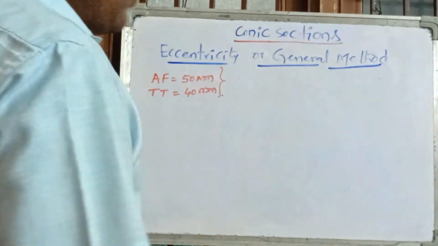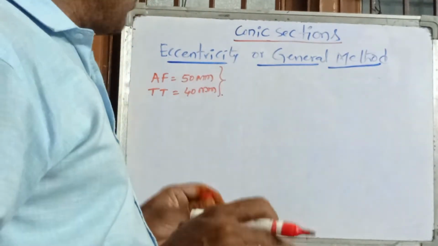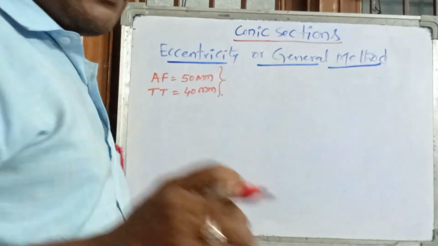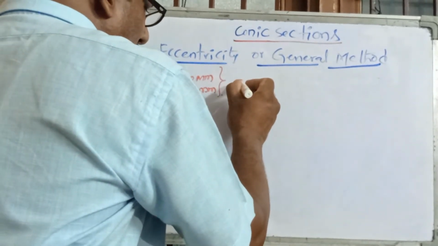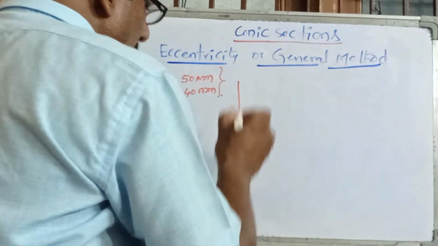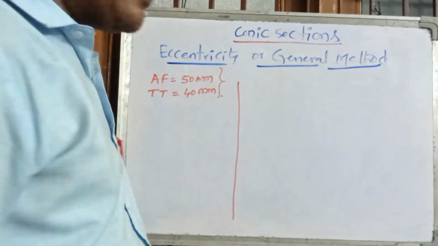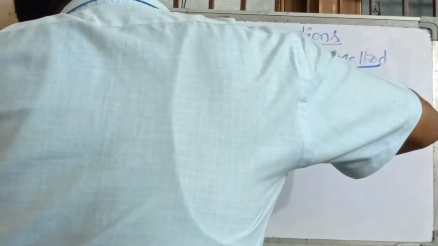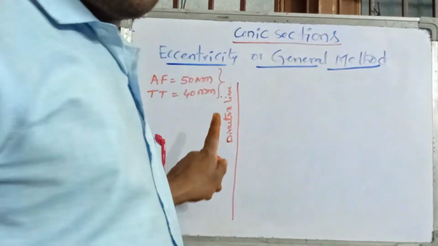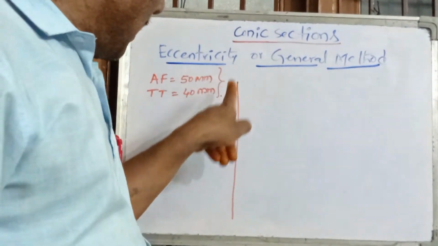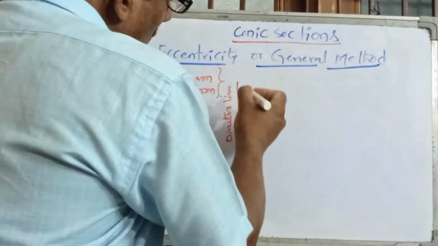So here the procedure is, listen carefully: first draw a vertical line, and this vertical line we call the directrix line. You can start anywhere.